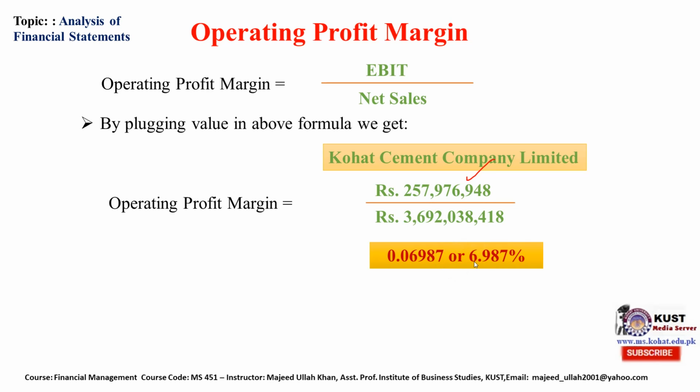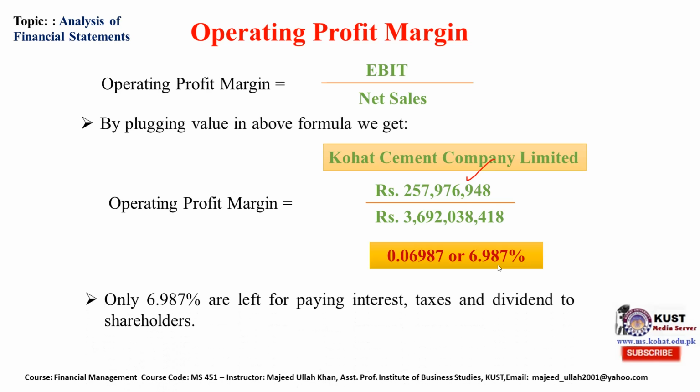We get 6.98%. This shows that in 100 rupees of sale, only 6.98% is left for paying interest, taxes and dividend to the shareholders.